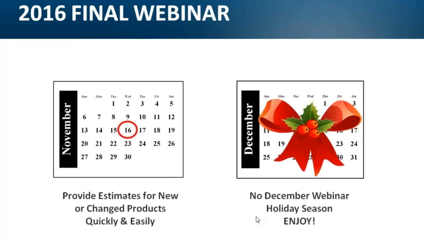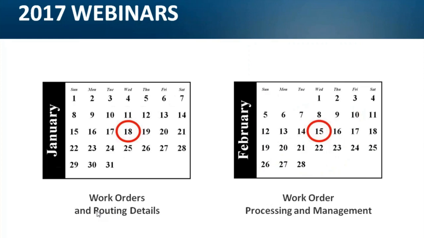November, next month, will be our final webinar of 2016. I can hardly believe I'm saying that. So join us next month if you can, to learn how you can use real-time current costs from QAD to perform cost simulations for product estimates. And as you see, there is no December webinar, but we will be right back at it with work orders and routing details in January.